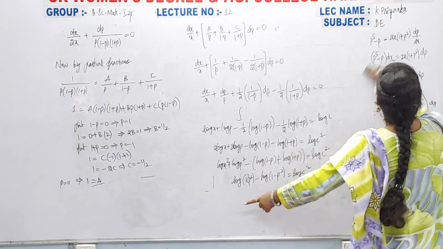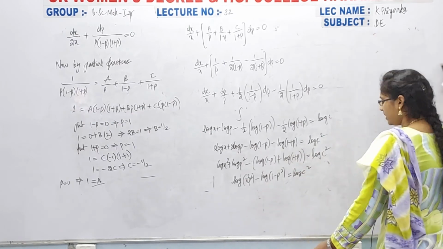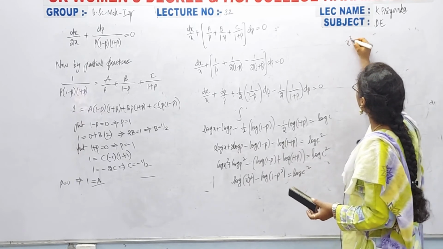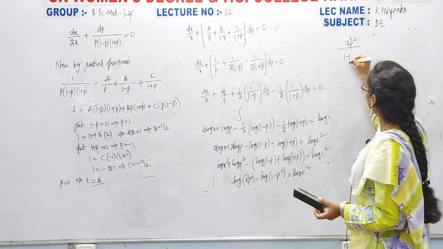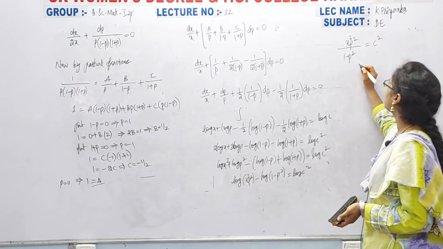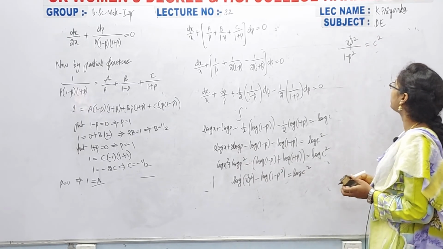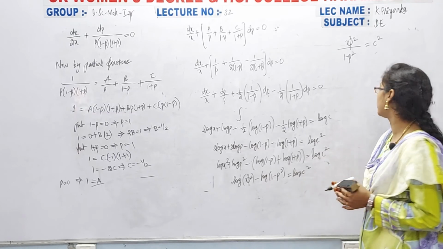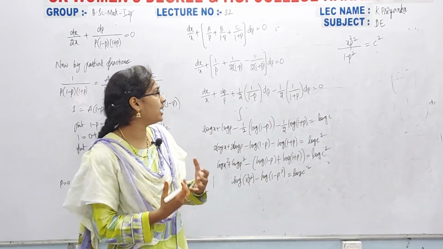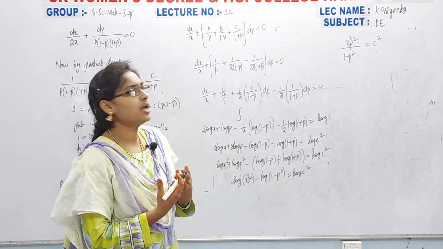Now log a minus log b is log a by b, so x square p square by 1 minus p square equal to c square directly. From this we of course cannot calculate easily the value of p.